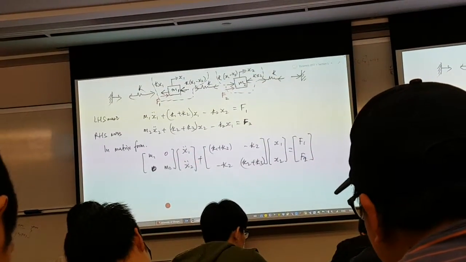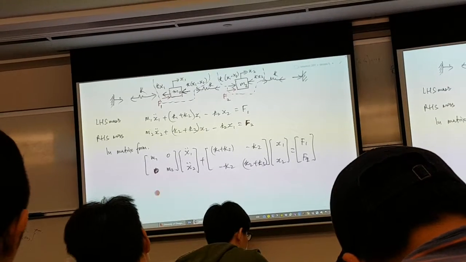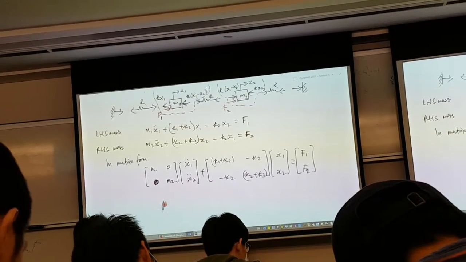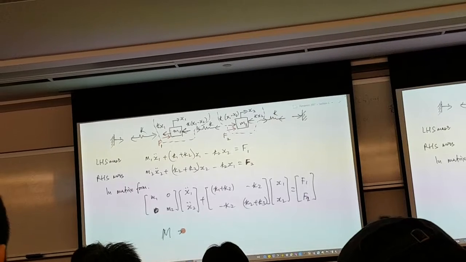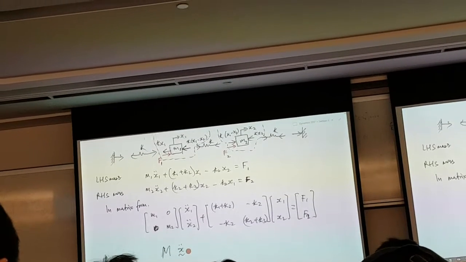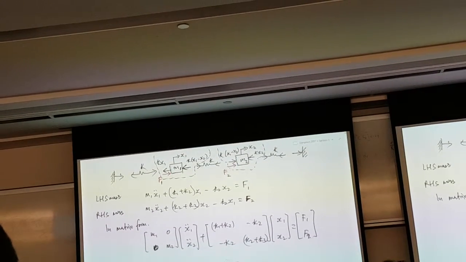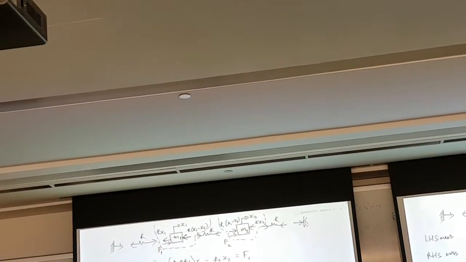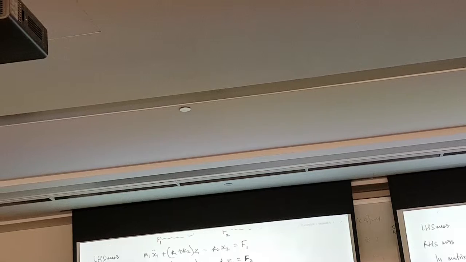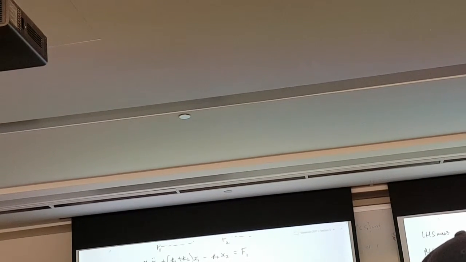This form here has a basic form. It can be written as M x double dot tilde plus K x tilde equal to F tilde. If you are wondering what all those symbols are, this M is called your mass matrix.